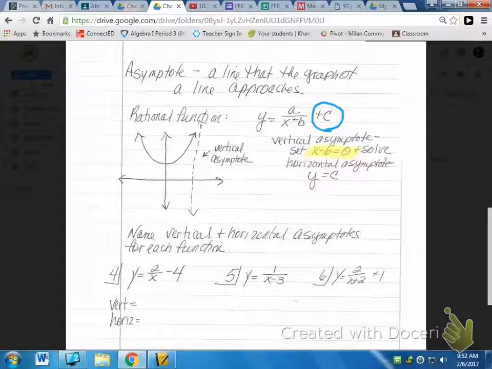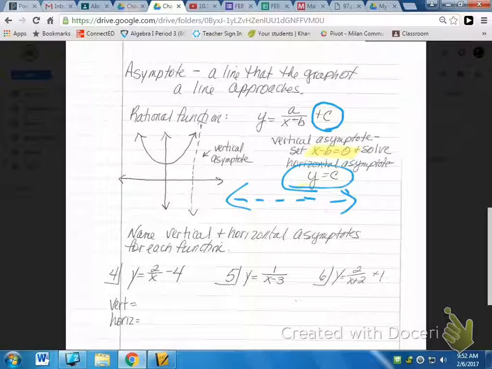Now, if there is a number at the end, then your horizontal asymptote is where y equals c. Whatever that number is, the horizontal asymptote is the line y equals c.